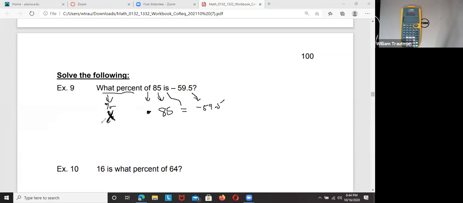Well, once again, I have X times 85. I need X by itself on the same side as the equal sign. So I need to take the 85 to the other side. You have to ask yourself, what is 85 doing to the X? It's multiplying. The opposite of multiplying by 85 is dividing by 85.